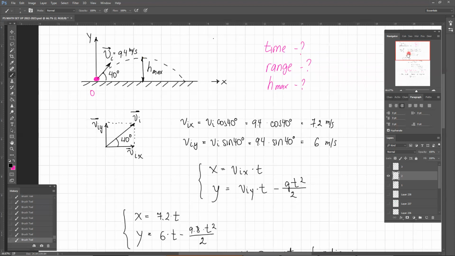So question, which equation describes the vertical position of the ball? Vertical position of the ball is y equals 6t minus this. Treat it as just the equation of a parabola. If you put 0.61 seconds instead of time, you'll get the vertical position of the ball at that time.